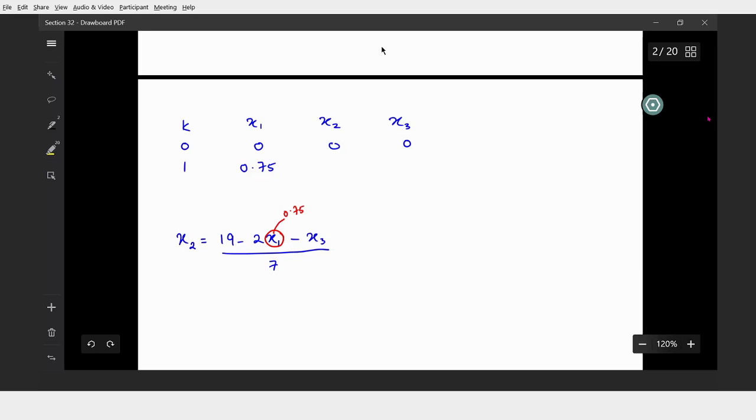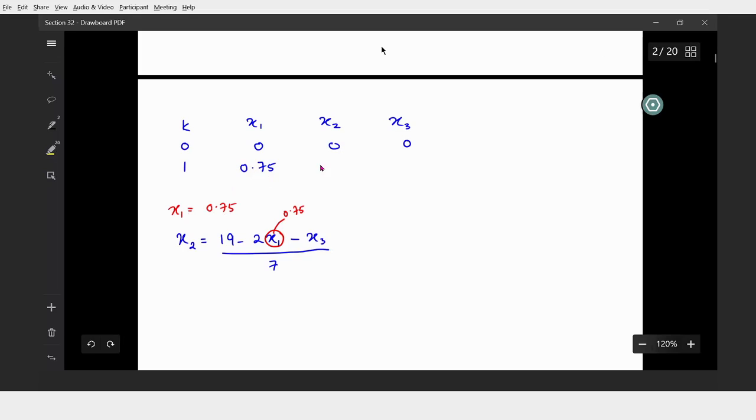When you compute X1, it's still the same, so you have 0.75, the same as Jacobi. You're still using the previous values, meaning X2 is 0 and X3 is 0, so you come up with 0.75. You put 0.75 here, at the current iteration.